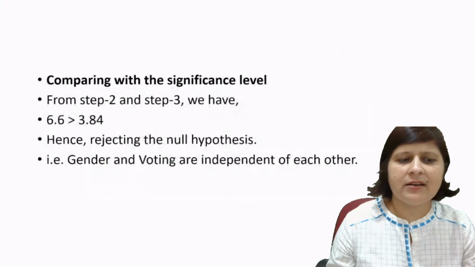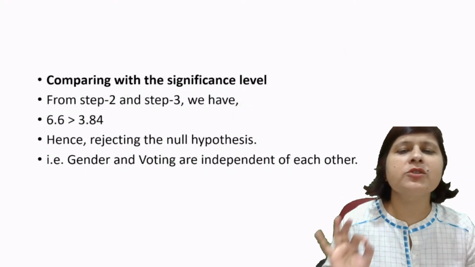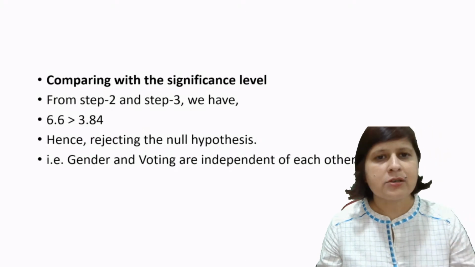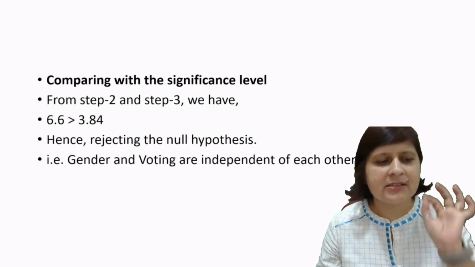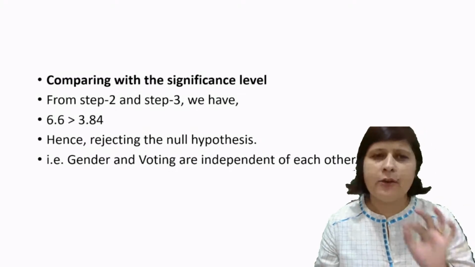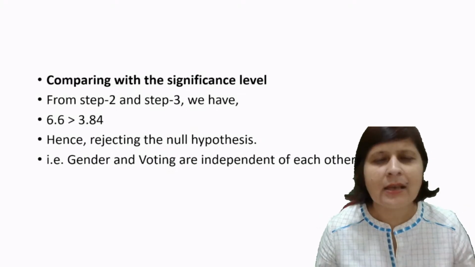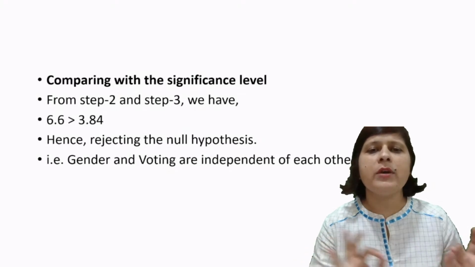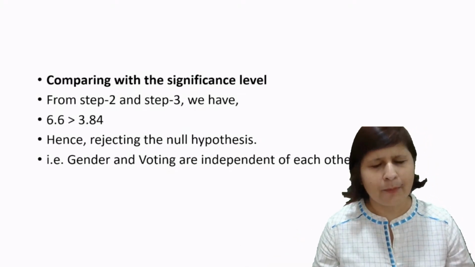The value of chi-square is 6.6 and my critical value is 3.84. At 1 degree of freedom, at 95% confidence level, the critical value is 3.84 and the chi-square value is 6.66, which means the chi-square value is more than the critical value. So we reject the null hypothesis.